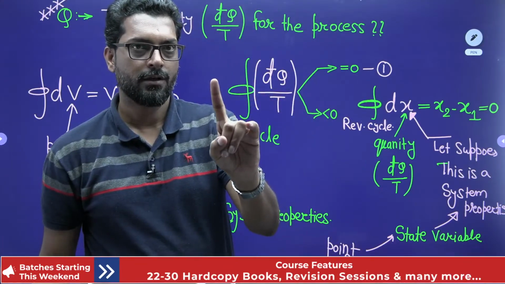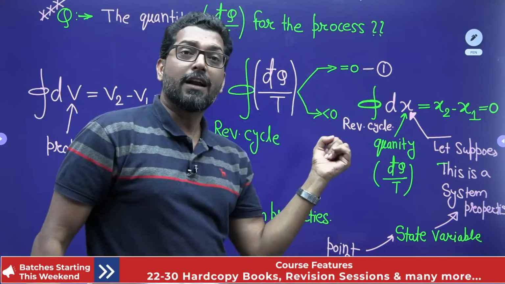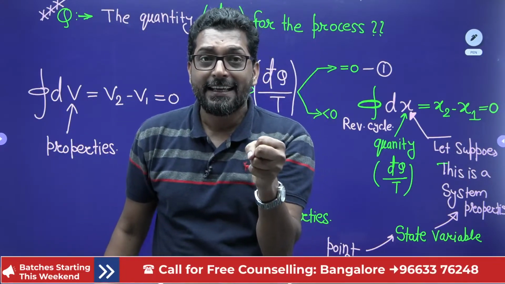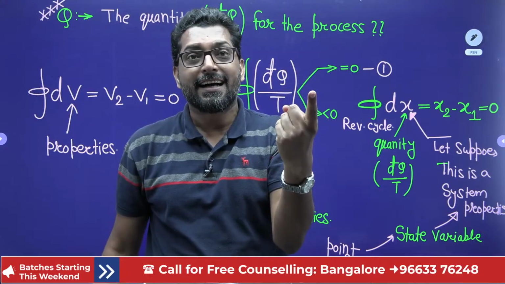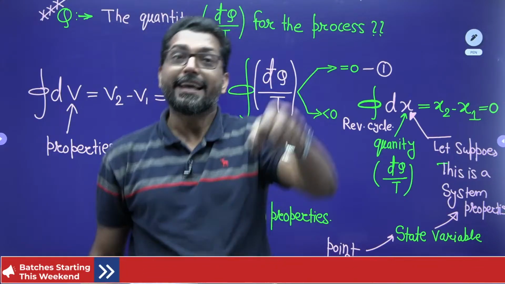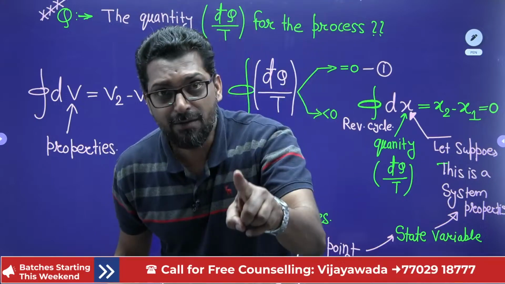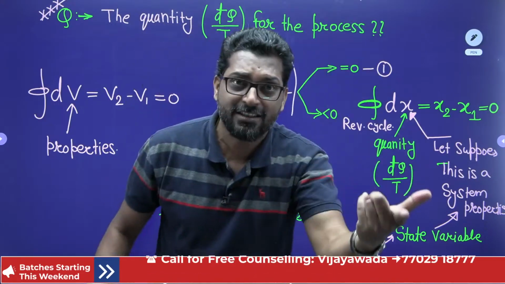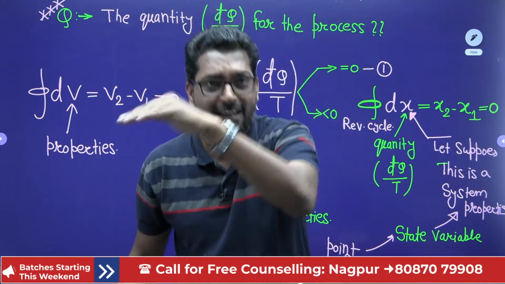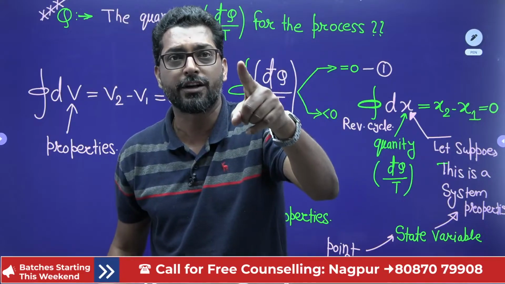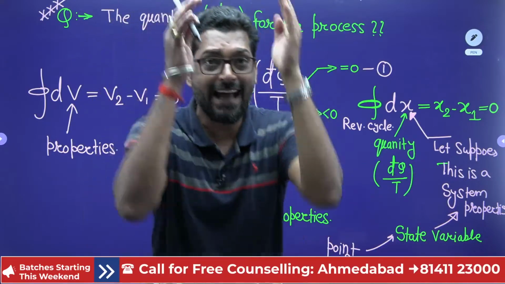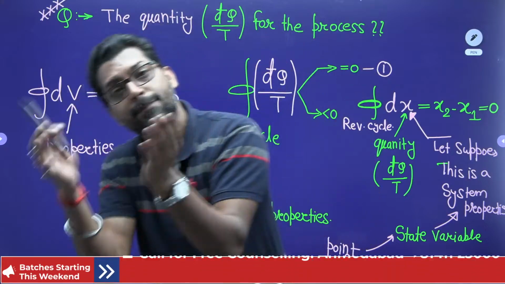So the Clausius inequality, cyclic integration of dq by T is equal to 0 in a reversible manner. That means dq by T, if you transfer the heat divided by temperature of a system boundary in a reversible manner, in that sense the quantity dq by T is a property.